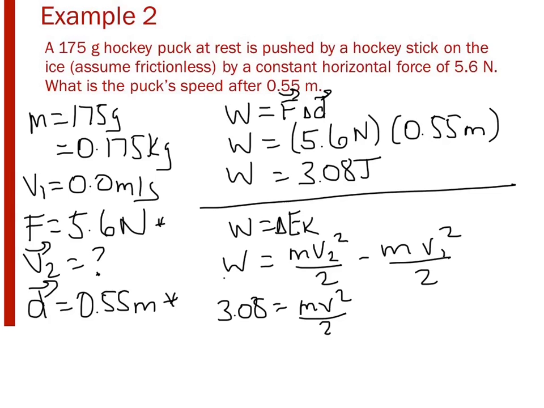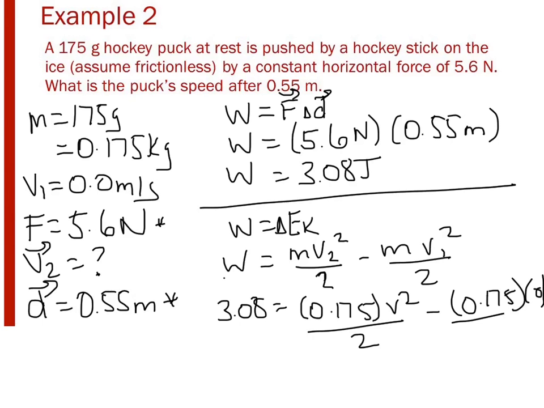Oh, sorry, I forgot to put my mass in. I am just going to put numbers in because I'm going to guess that most of you wouldn't try and rearrange an equation like this. If you are, that's great, but if you're not, that's okay too. So this part is going to go away. Then let's continue solving.